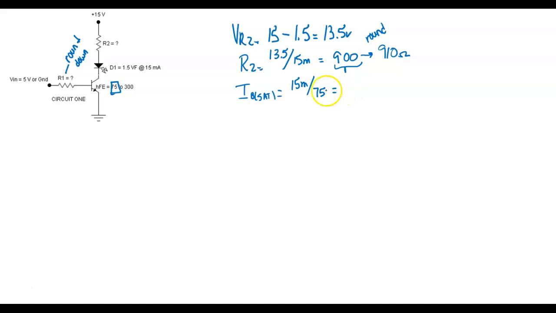So 15 milli divided by 75 gives us what? 200 microamps. So R1 is going to equal 5 volts divided by 200 microamps, and we will round this one down.